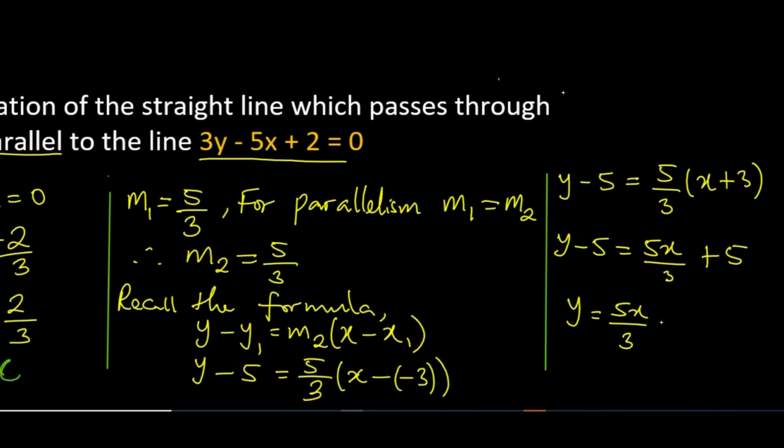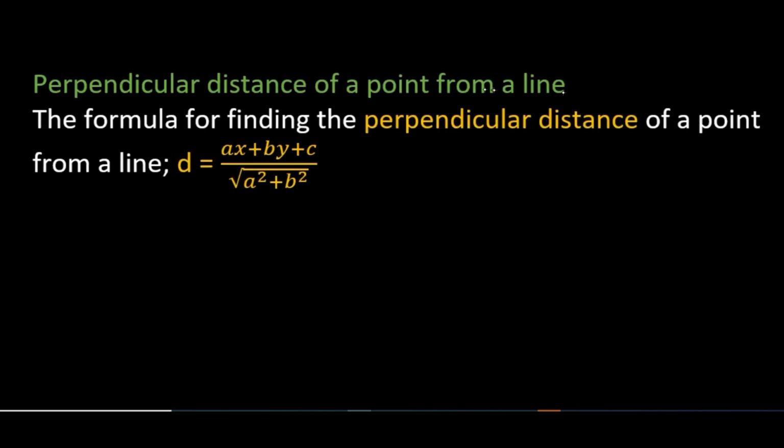We take minus 5 to the other side, so 5 plus 5 is 10. So we can multiply through now by 3. So we have 3y is equals to 5x plus 30, in order not to have a fraction there. So this line now is parallel to the line given to us. You can see they have the same slope.